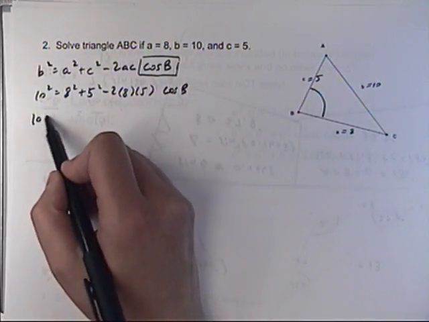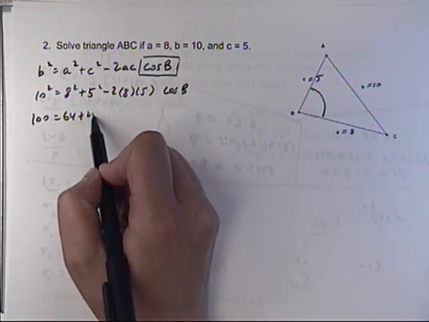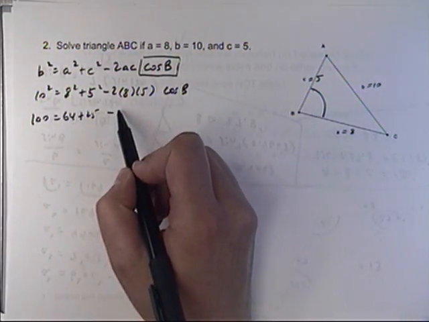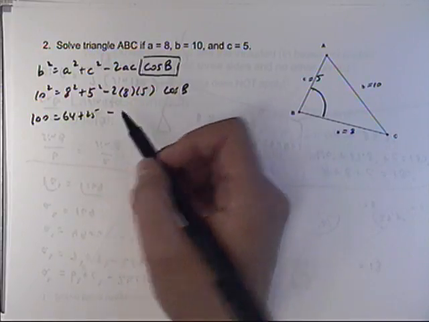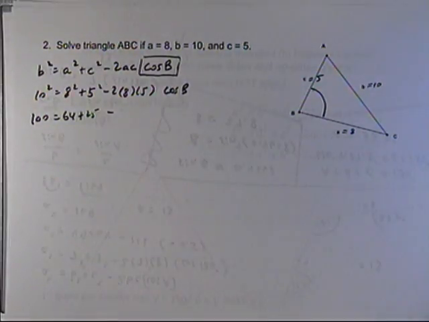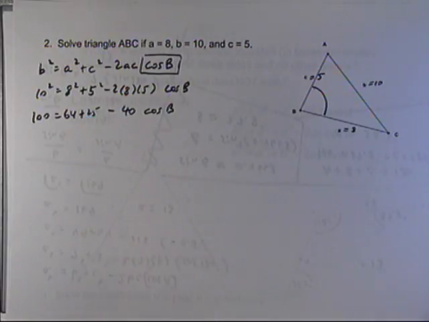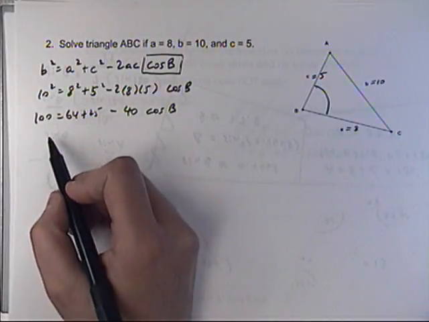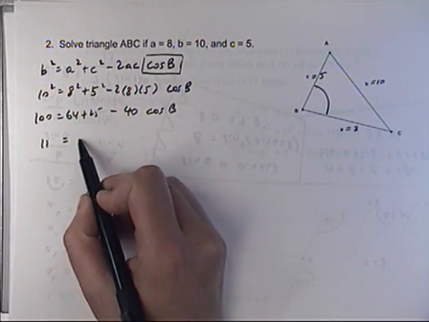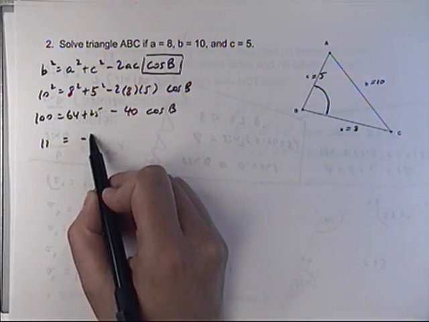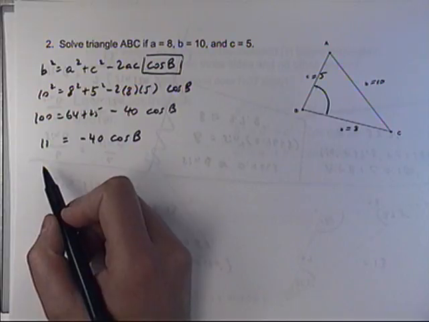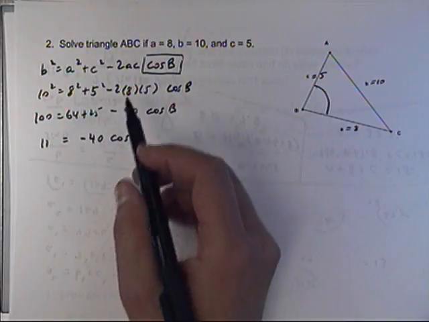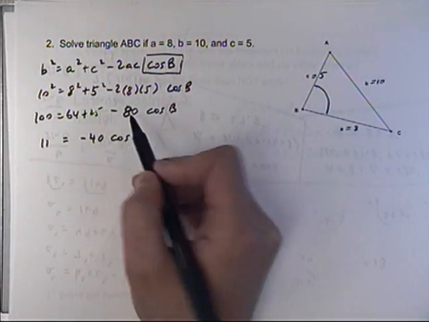And then if I solve this out, that would be 11 on this side equals negative 40 cosine of b. Oh wait, that's 80, sorry, times 2.